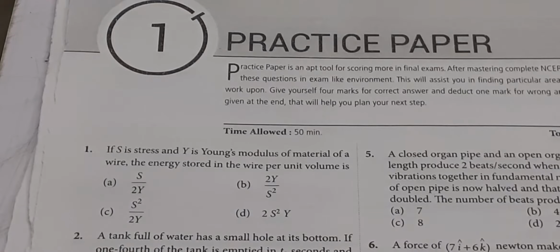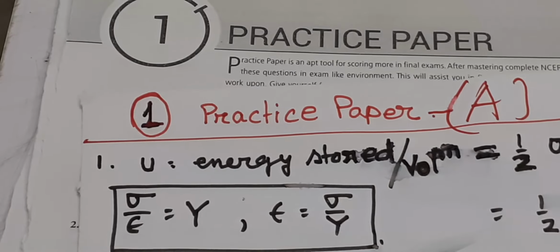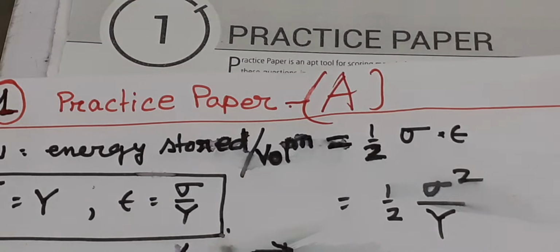If S is stress and Y is Young modulus of the material of a wire, the energy stored in the wire per unit volume is? Four choices are here. We know stress means here longitudinal stress. We know that energy stored per unit volume will be half longitudinal stress into longitudinal strain.